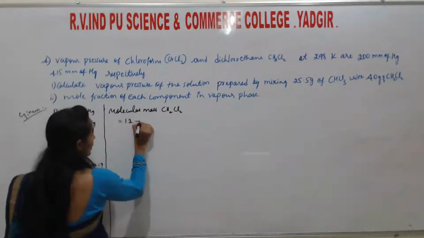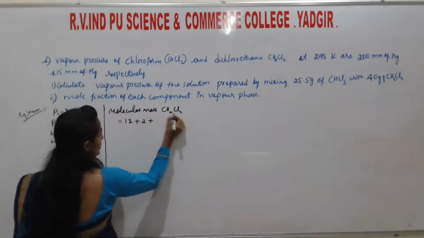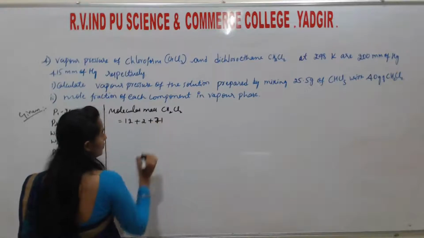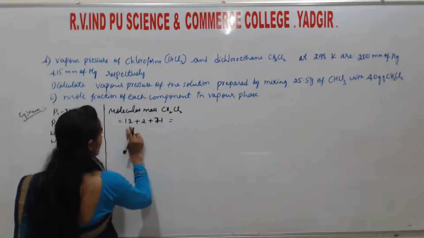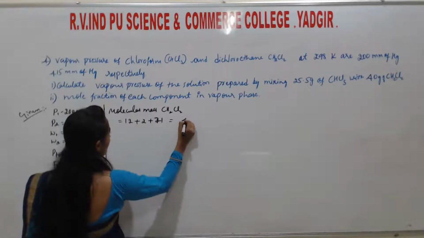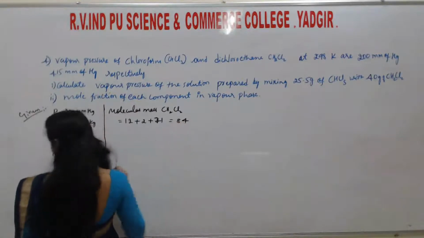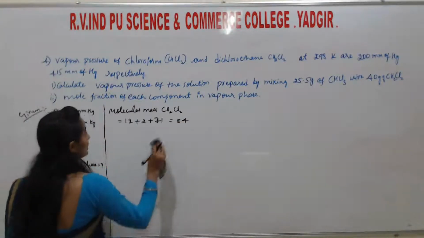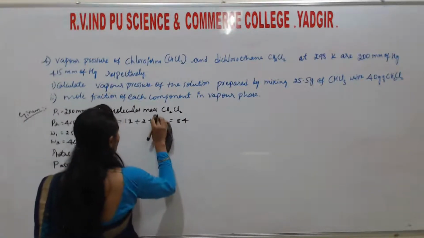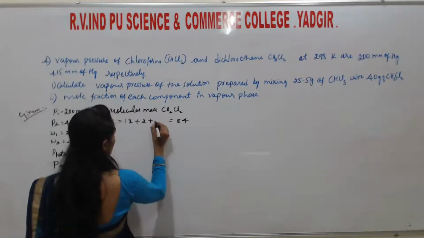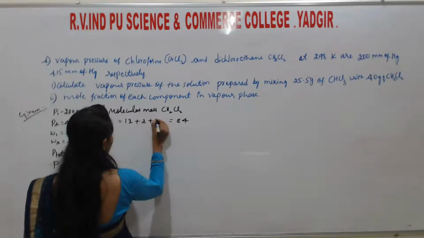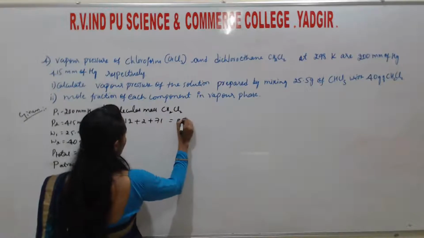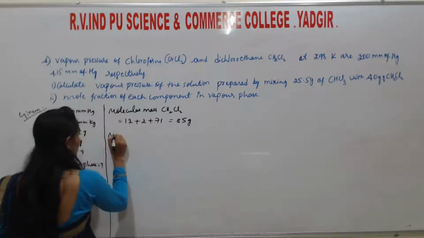Carbon is 12, hydrogen is 2, chlorine is 71. You will get 85 gram.